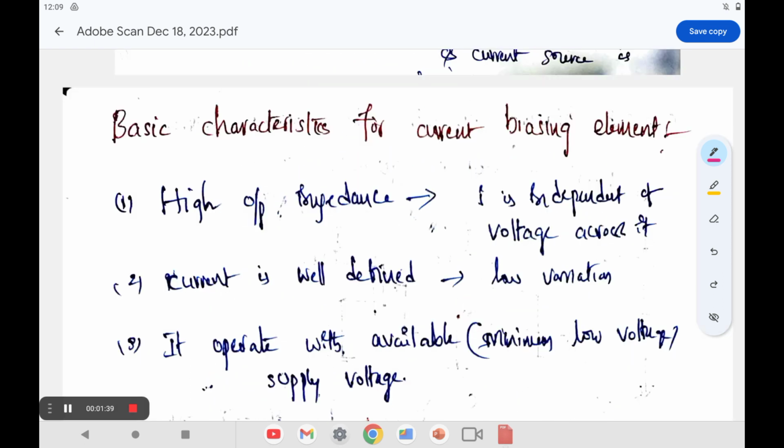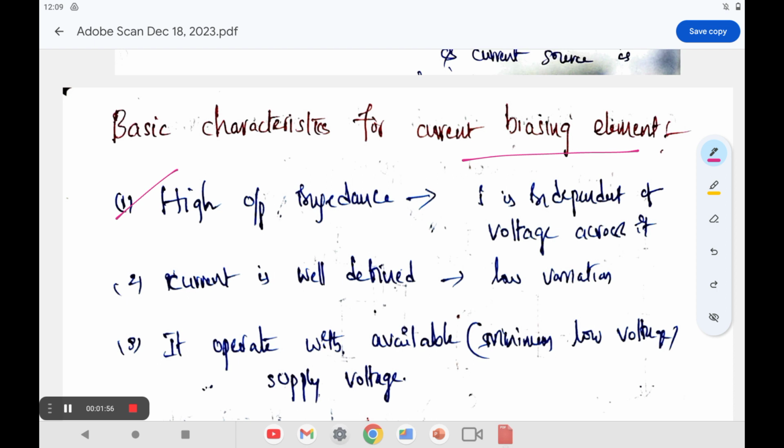So what are the characteristics of a current biasing element? This current biasing element has three important characteristics. The first one is high input impedance.